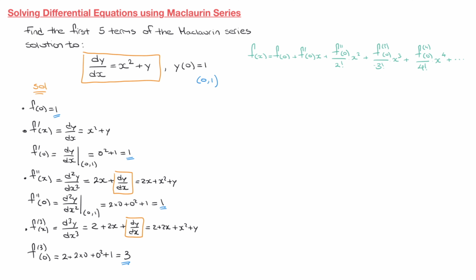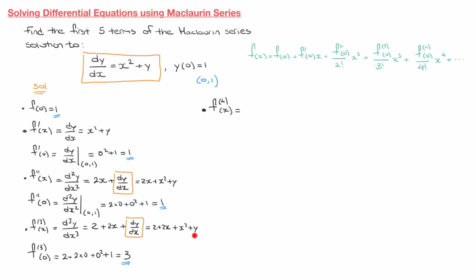I'll go on for one more step in which I'll find the fourth derivative evaluated at 0, and so I'll do that right here. The first thing we need to find is an expression for the fourth derivative. As I'm sure you know, we'll find the fourth derivative by differentiating the expression we have for the third derivative right here with respect to x. And again, we need to keep in mind that y is a function of x.